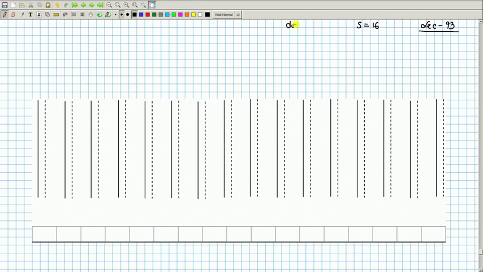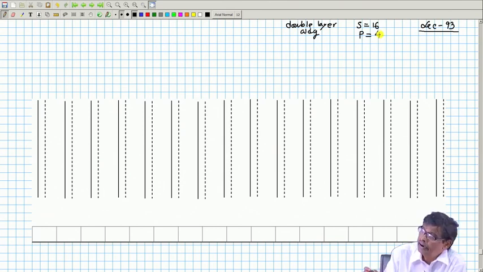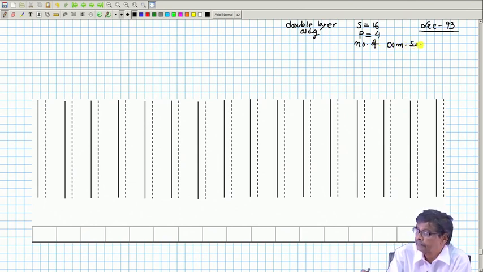Double layer winding, DC machine is always double layer, and suppose the number of poles of the machine is 4, and the number of commutator segments is C, which is equal to S, that is also 16.